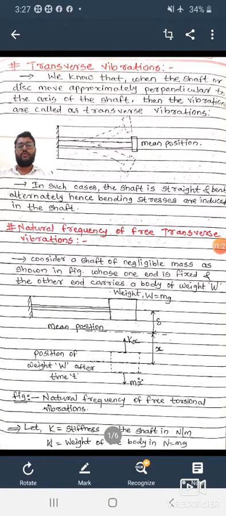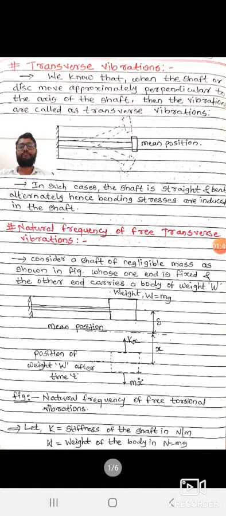Next, natural frequency of free transverse vibrations. Consider a shaft of negligible mass, as shown in the figure, whose one end is fixed and the other end carries a weight W. That weight W is equal to mass m into g.